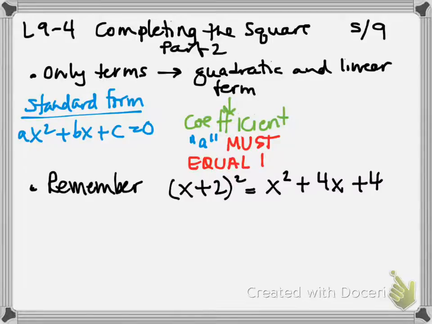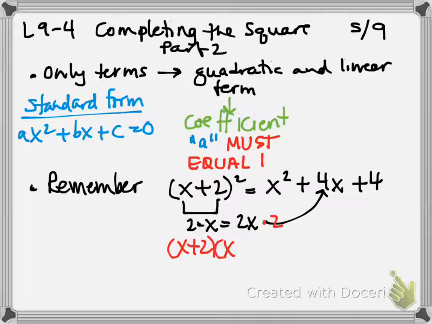Okay? Notice, these two terms, if I multiply them together, equal 2x. To get to 4x, what do I need to do to that 2x? I need to double it. Why? Well, if I did this step by step, I would get 2x twice.